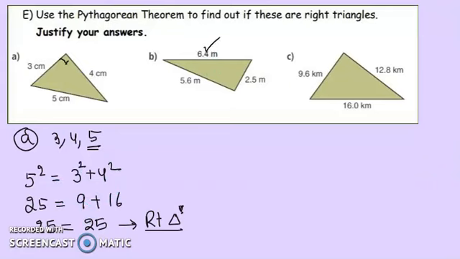So in this case 6.4 is the longest, so you have to check 6.4 square should be equal to the sum of the squares of the other two sides, that is 2.5 square plus 5.6 square. And once you get the same value on both sides, that means this is a right triangle. So these two questions I am giving you as homework.